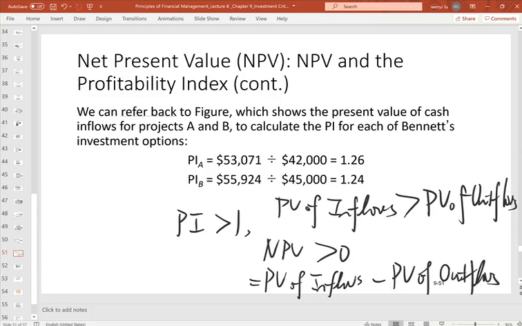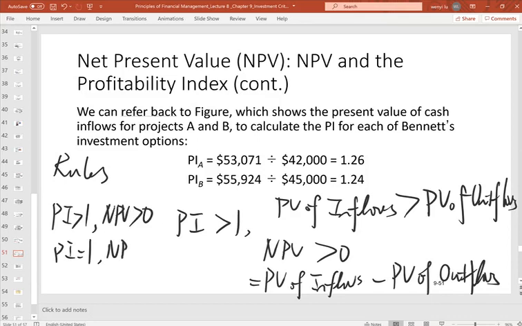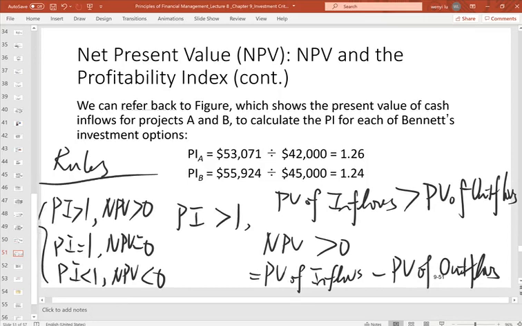So we can summarize some rules here. If the PI is more than 1, our NPV is positive. If the PI equals 1, NPV equals 0. If the PI is less than 1, NPV is less than 0. These three are the rules we can summarize.